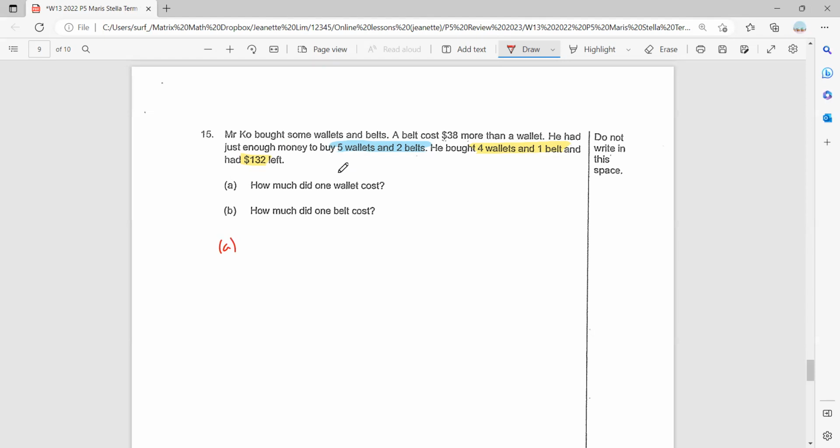The total amount of money can buy him 5 wallets and 2 belts exactly, but instead he bought 4 wallets and 1 belt and still had $132 left. So take note, they must have the same value.